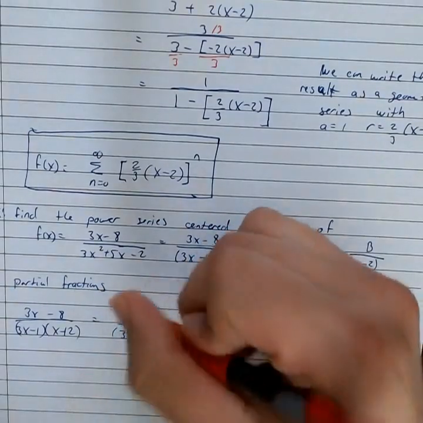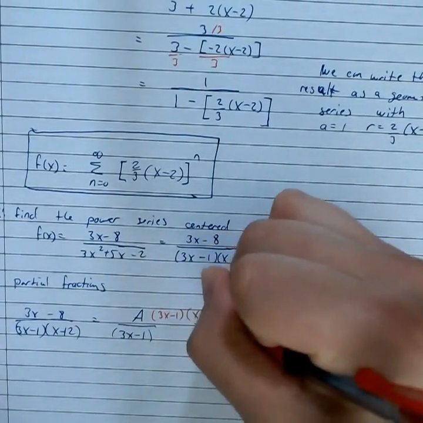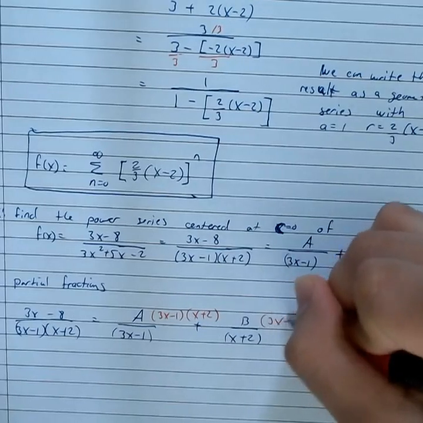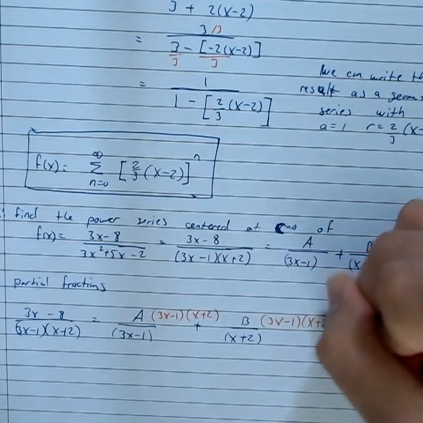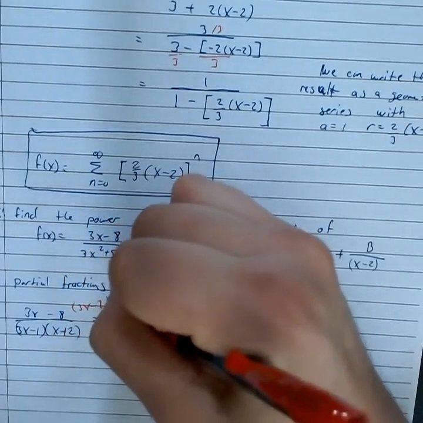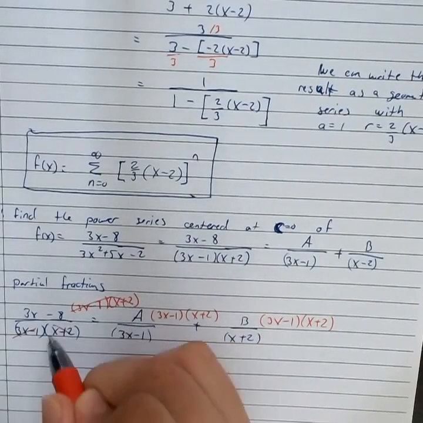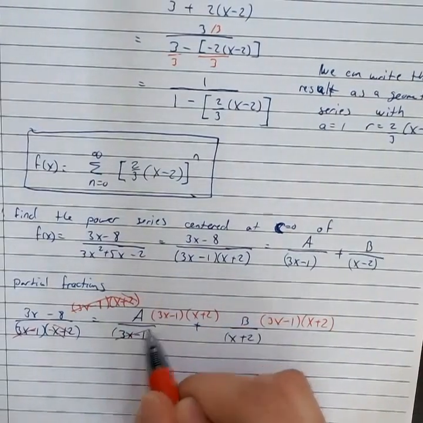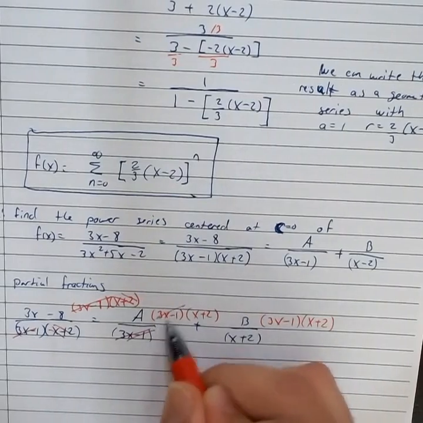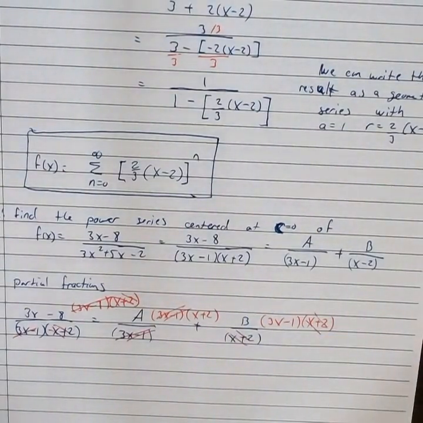Here we're going to multiply everything by the common denominator, namely 3x minus 1 and x plus 2. And many things will now go away. So now we're left with something much simpler.